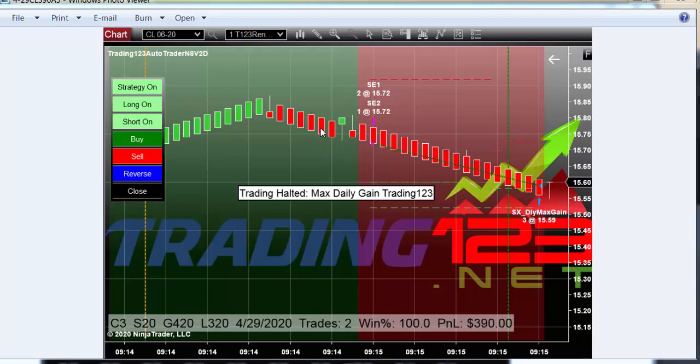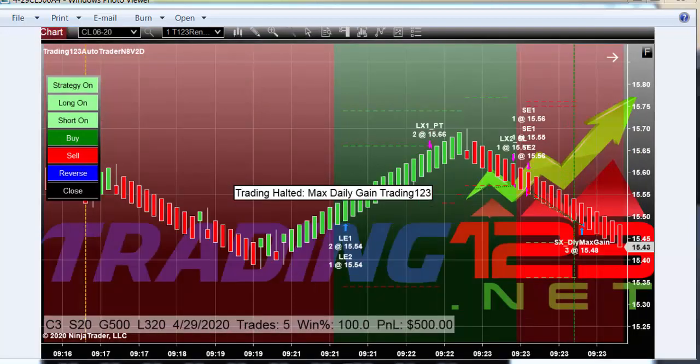As you see here, after the high, we're coming down to this level, and I'm going to reset it and try for another trade. With the quickness in the market, I changed our profit goal to 500 instead of 420 due to the price action.